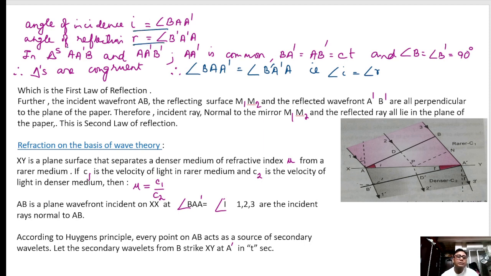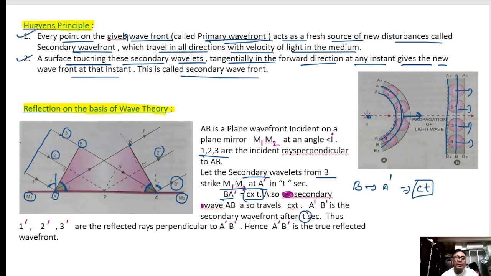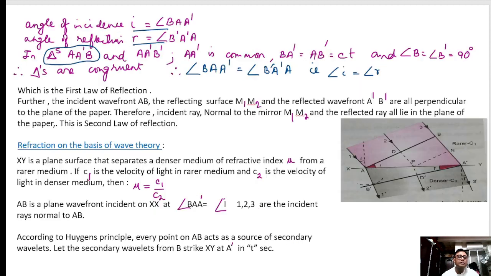Now please watch the two triangles A dash B and AB dash A. They act as similar triangles.